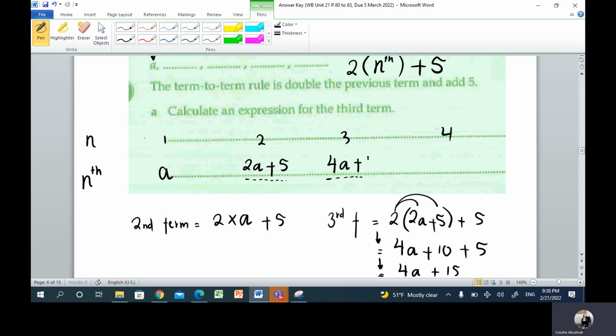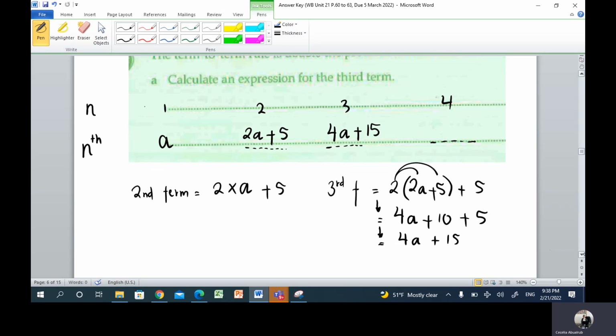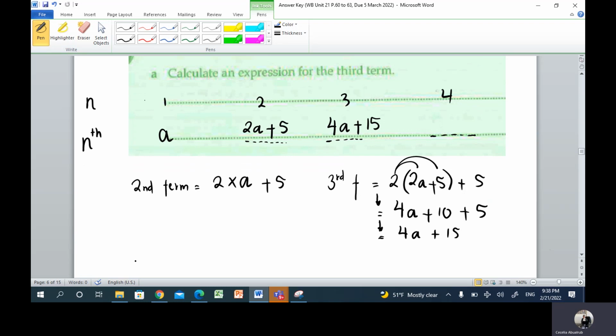So the third term is 4a plus 15. In order to find the next term, the previous term is 4a plus 15. So I'm going to go here. The fourth term is equal to 2 times the previous term, which is 4a plus 15, plus 5.